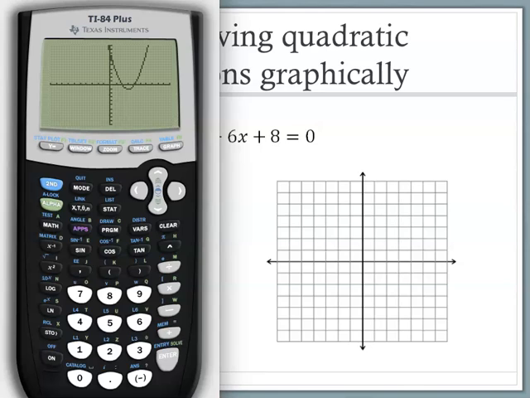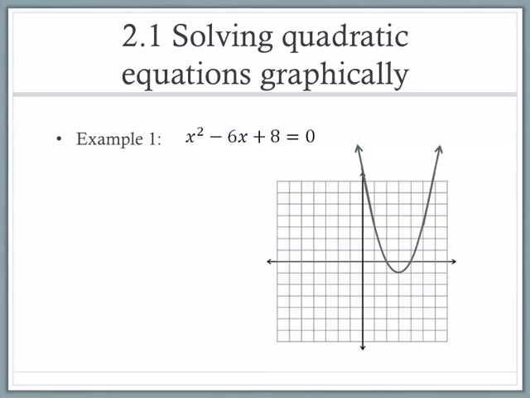Now after we've graphed it, we can see that in this particular example, this graph passes the x-axis in 2 places. So that means for this example, we have 2 solutions, and those 2 solutions are where the x-intercepts are. So here's my graph, and these 2 points are going to be my solutions.